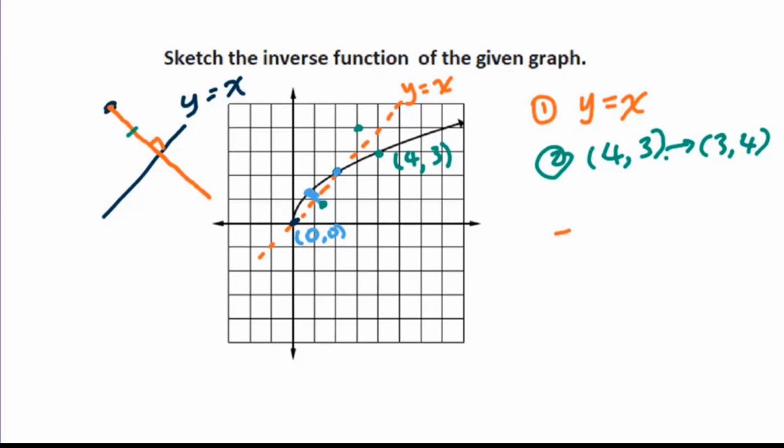Then go the same distance. This will be the reflected point across y equals x. So try to get the same distance over here. Then we've got these 4 points already. Then just connect them like here.